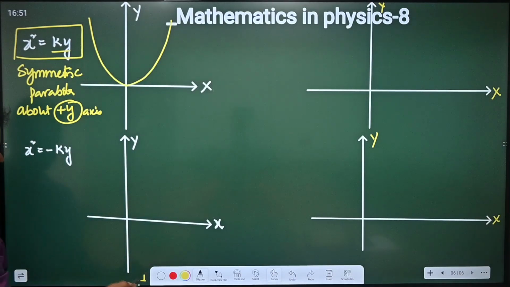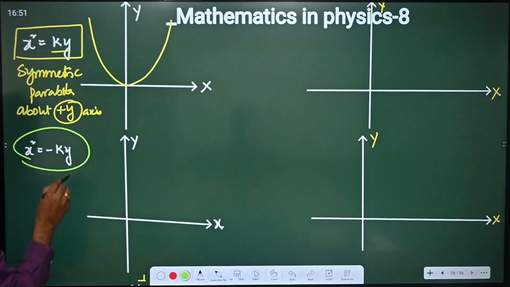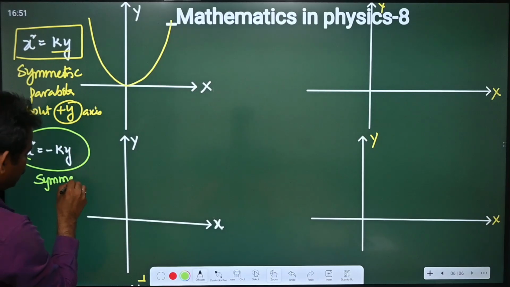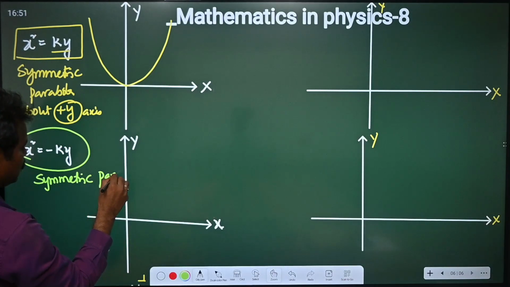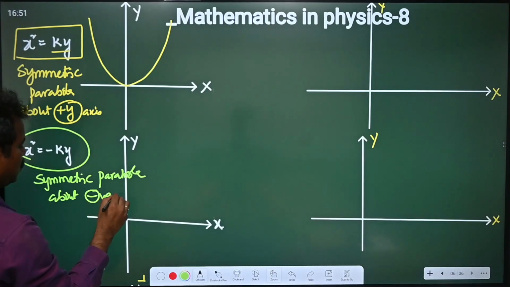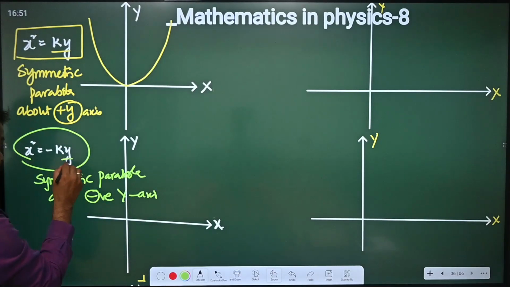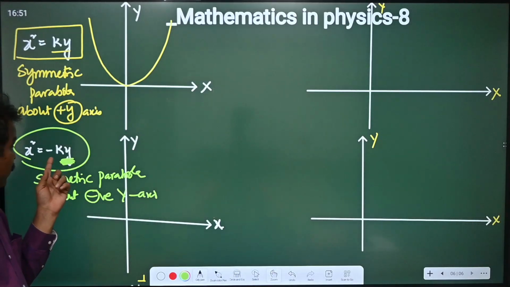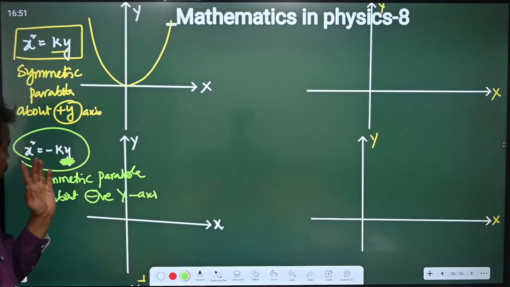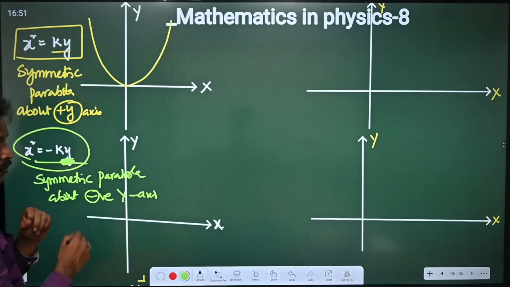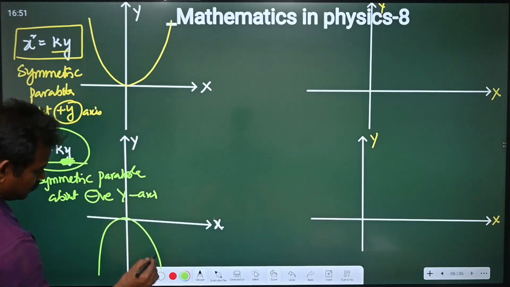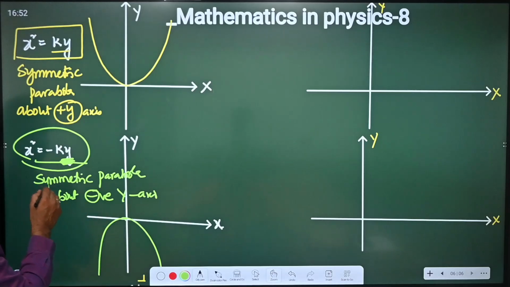Similarly, students, the next one, x square is equal to minus ky, is also a symmetric parabola about negative y-axis. Here on the right side we have y, so this is symmetric about negative y-axis. So the corresponding graph will be like this, and it will be symmetrical about negative y-axis.